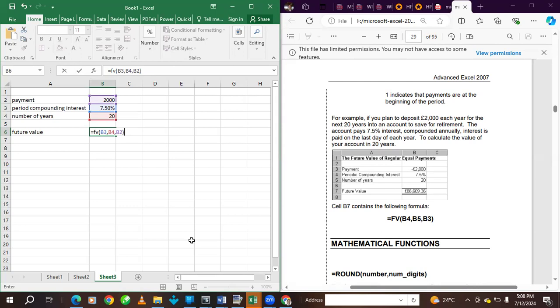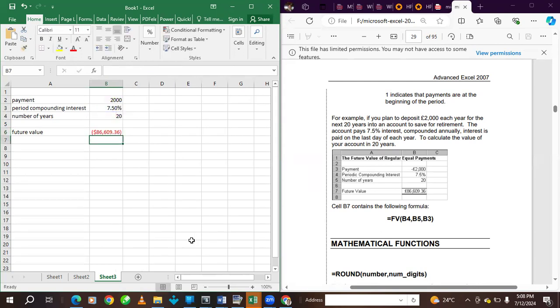So the total amount accrued over a period of 20 years will be this value here, which is 6,609.36.